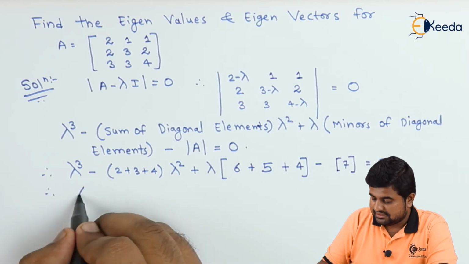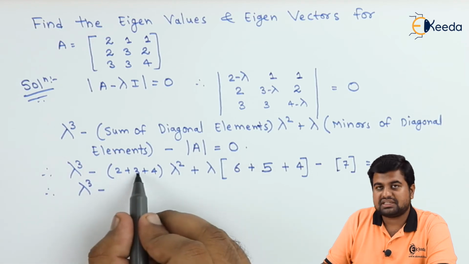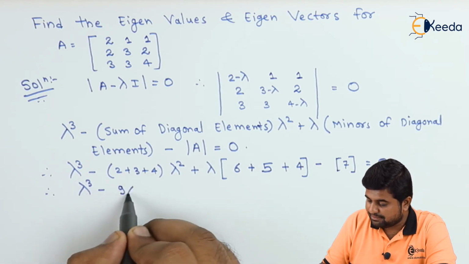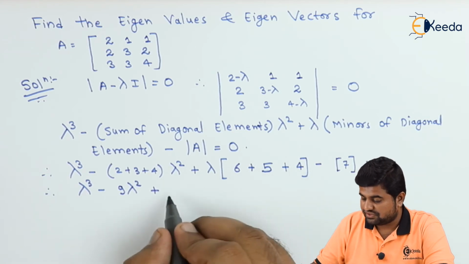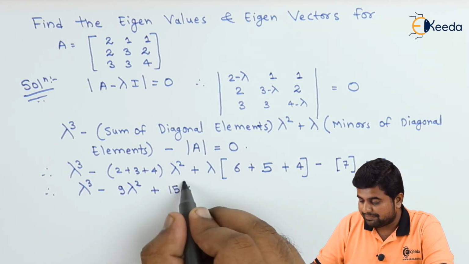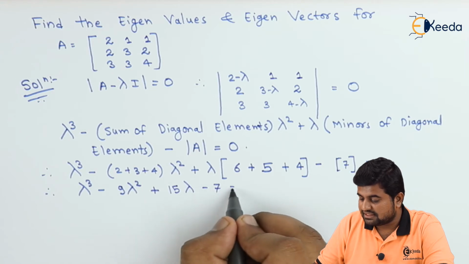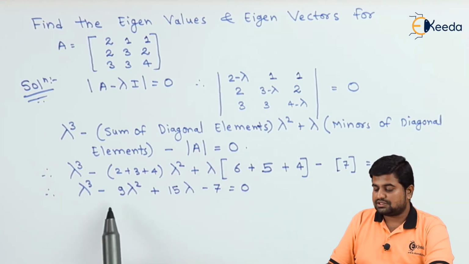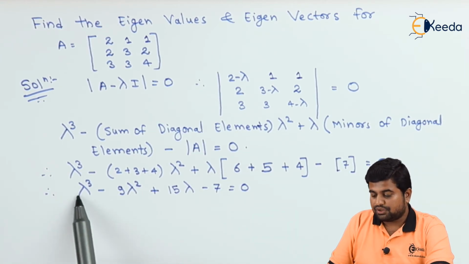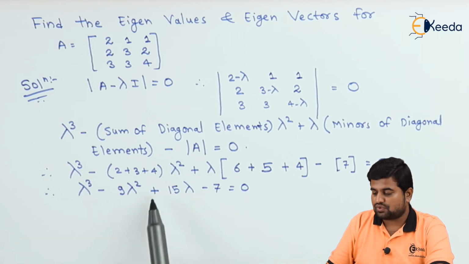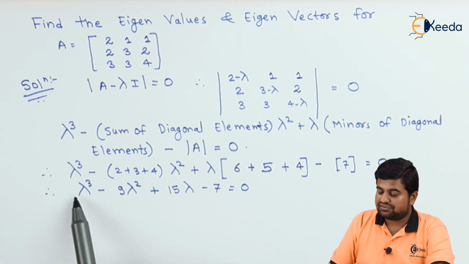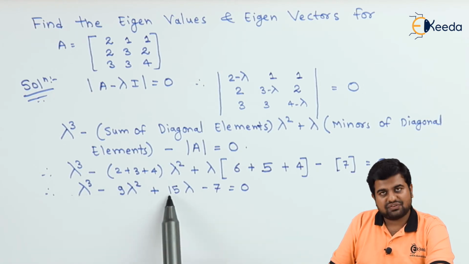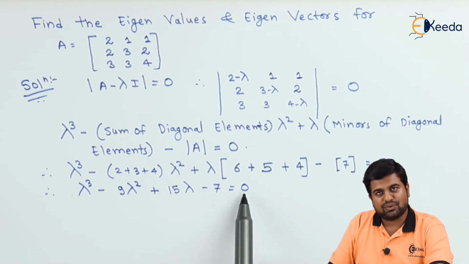Therefore, lambda cube minus 2 plus 3, 5 plus 4 is 9 lambda square plus 6 plus 5, 11 plus 4, which is 15 lambda minus 7 is equal to 0. If you solve this by using calculator, by putting ax cube plus bx square plus cx plus d is equal to 0, you are going to put the coefficients as 1, minus 9, 15 and minus 7 is equal to 0.